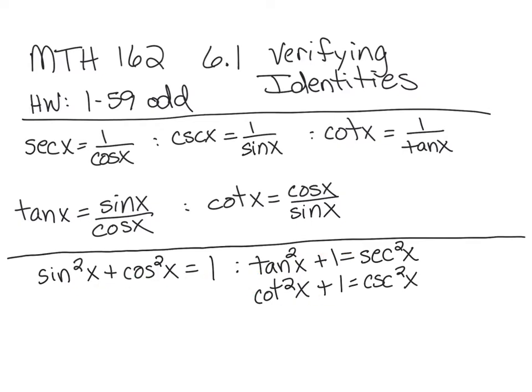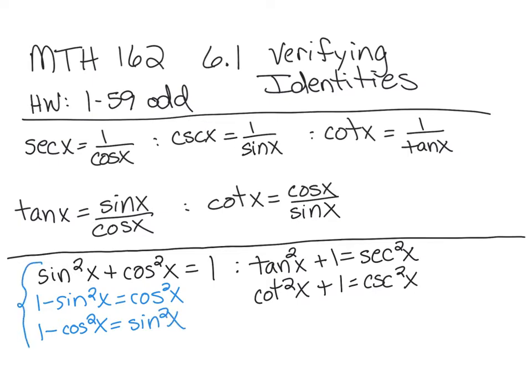You also need to see that 1 minus sine squared is cosine squared. This does not work if they're not squared. 1 minus cosine squared is sine squared. Okay, so you need to be able to use all forms of this. Sometimes you'll be verifying an identity, and you'll end up with this, where you can just replace it with cosine squared, or this and replace it with sine squared.